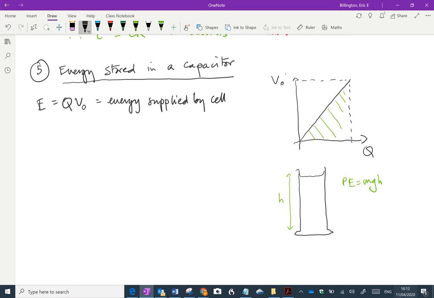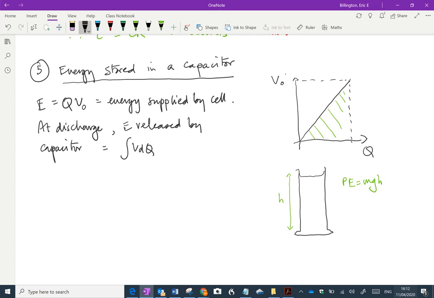So the energy supplied by the cell is quite simple, but at discharge, the energy released by the capacitor is going to be the integral of V dq.